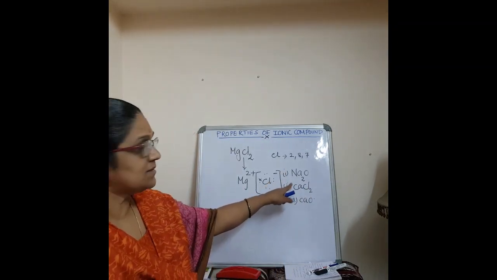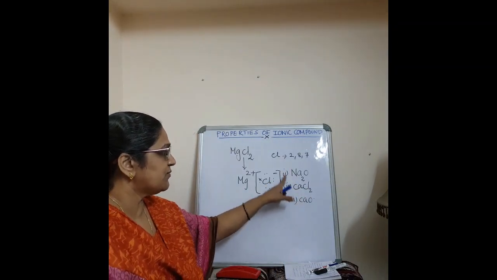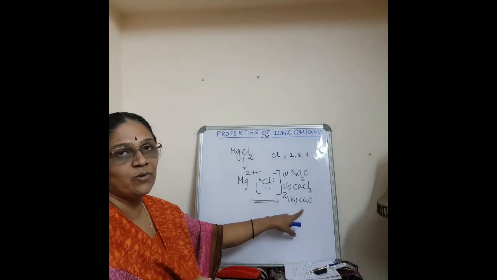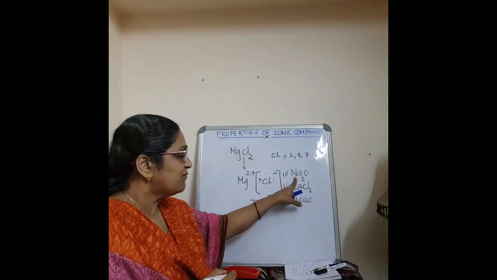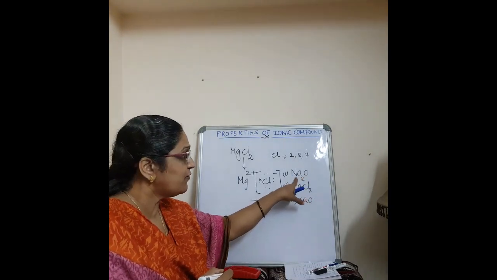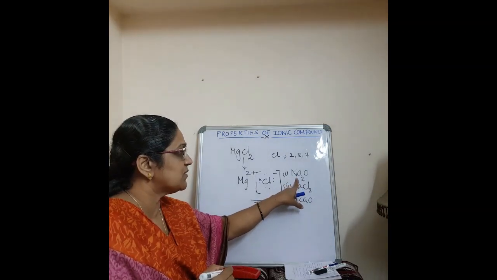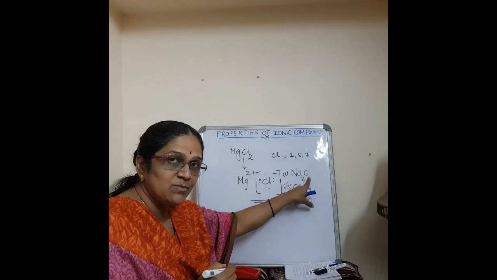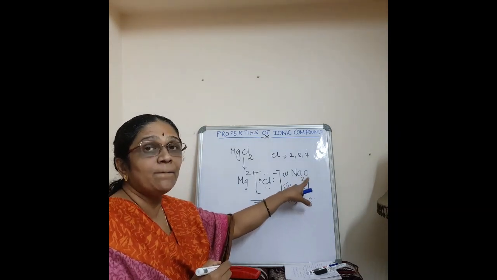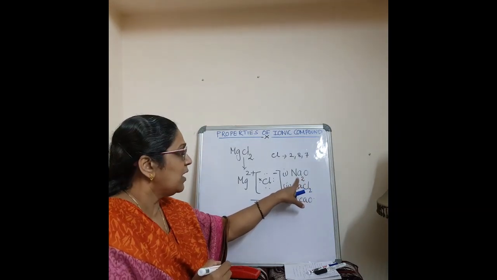So practice the formation of these 3 ionic compounds. Keep in mind, you have to know the formula, and from the formula you have to know how many atoms of sodium and how many atoms of oxygen. So how can they combine together? So you have to have that.